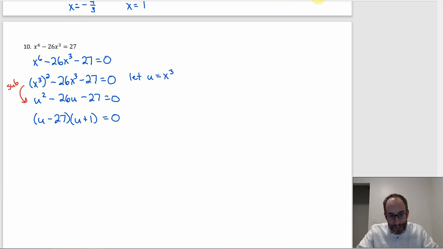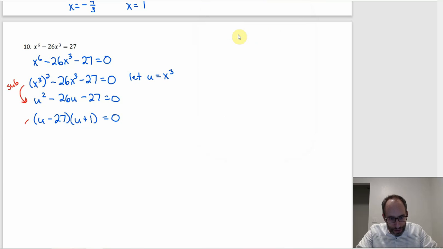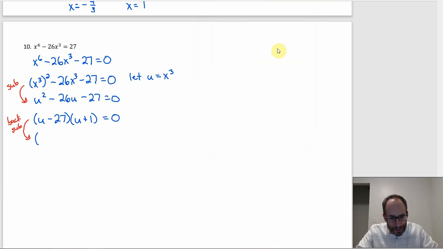But then we got to back substitute because we want the answer in terms of x, not u. So we end up with x cubed minus 27 times x cubed plus 1 equals 0. Using the zero product property, you get x cubed minus 27 equals 0, or x cubed plus 1 equals 0.